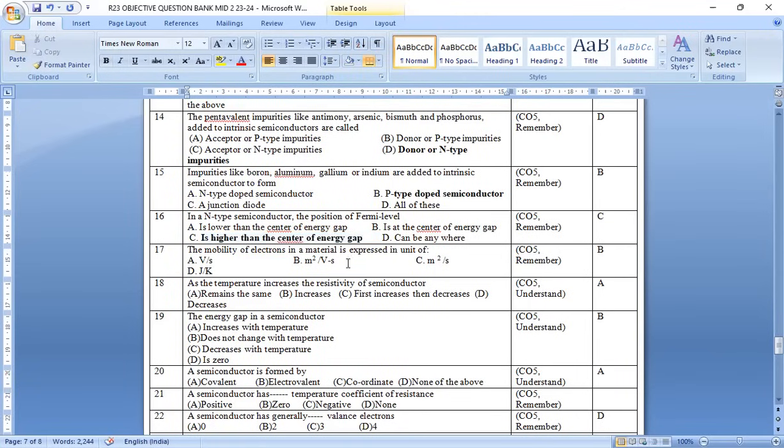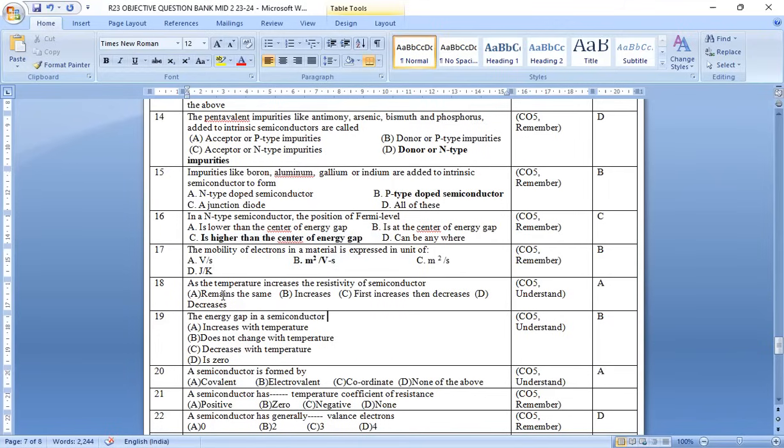The mobility of an electron in a material is expressed in terms of meter square per volt second. Option B is the correct answer. As the temperature increases, the resistivity of a semiconductor decreases.